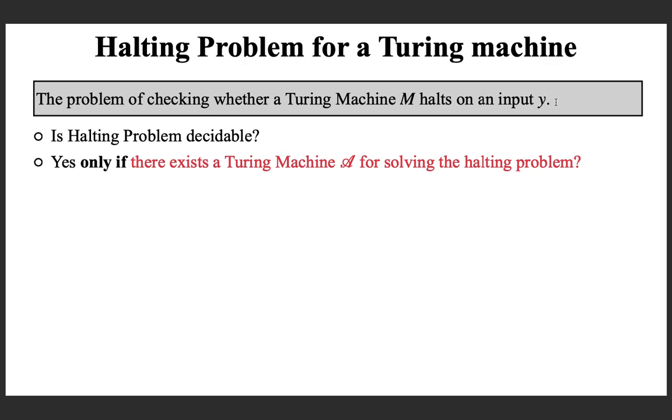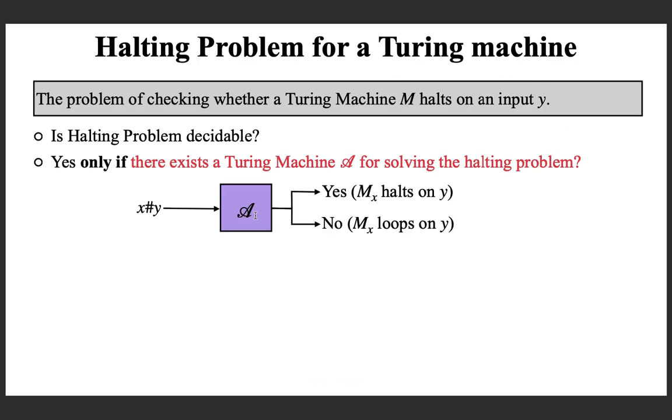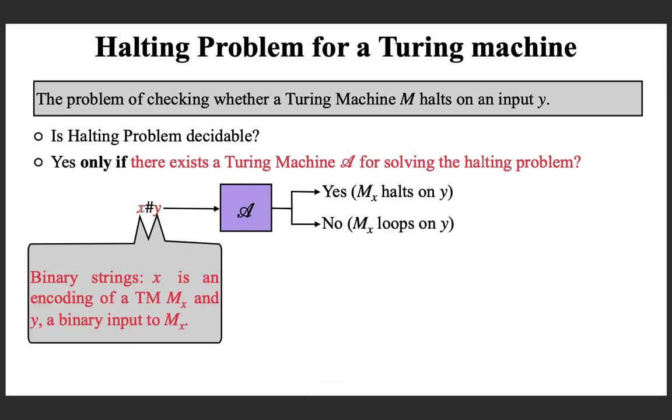Okay. Now, does there exist a Turing machine A for solving the halting problem? If there exists one, this is how it looks. And what is it taking as input? It is taking a pair of binary strings separated by a hash.